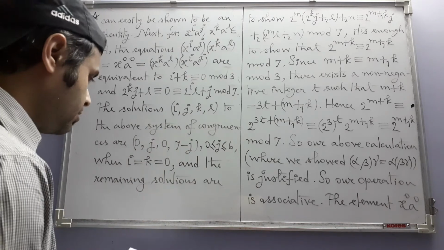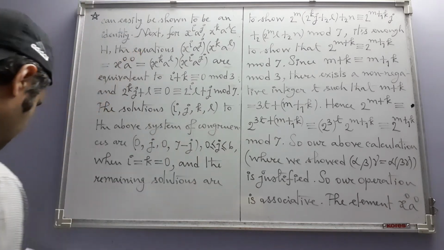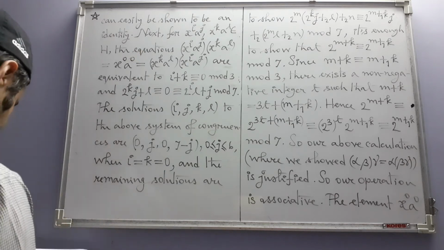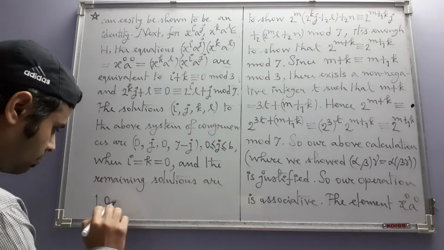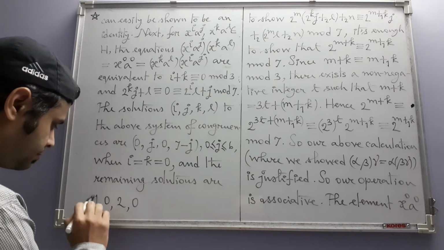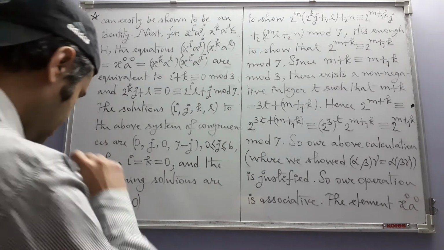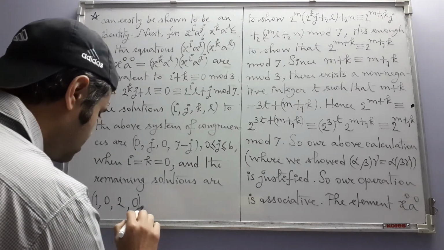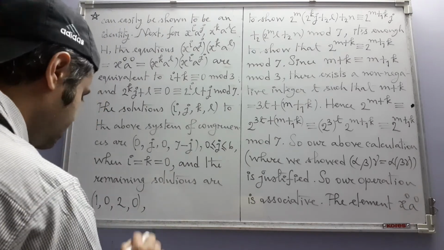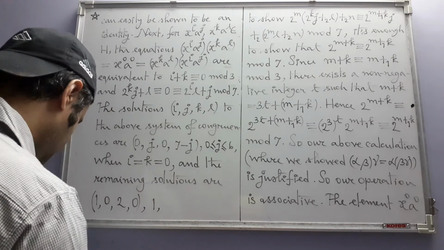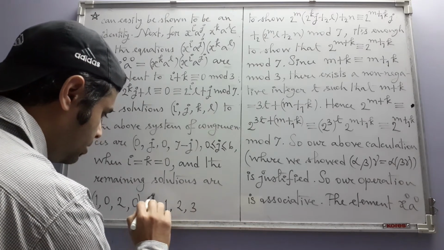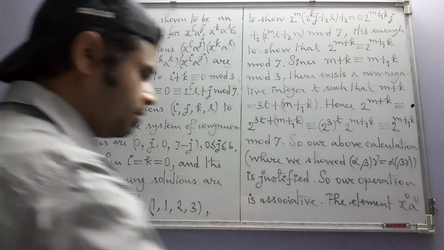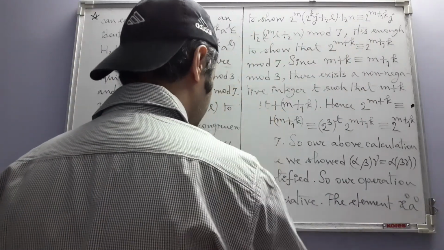I just had to write all the solutions like this, like 4 vectors, and they are precisely 1 0 2 0. To see that they are solutions, you have to actually verify all the cases. 1 1 2 3, then there are quite a few.